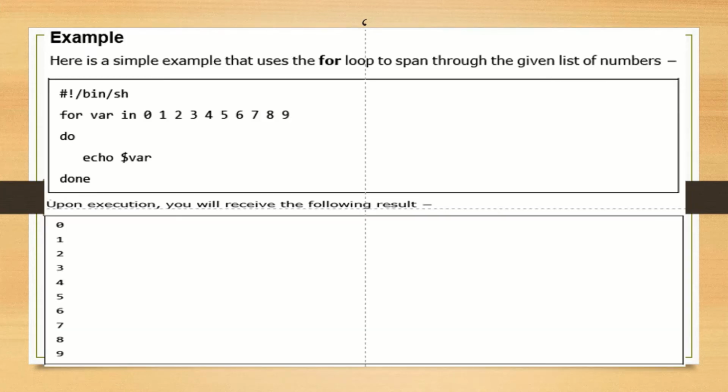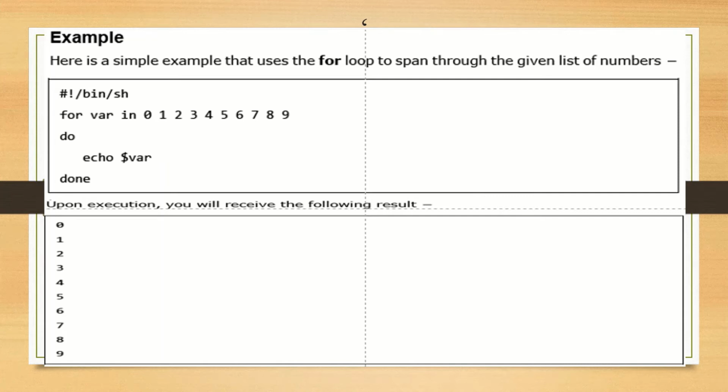Here is an example of a shell script that uses a for loop to span through a list of numbers. Here we want to print the values 0 to 9 using a for loop. For that we set the for loop first with the variable var in 0, 1, 2, 3, 4, 5, 6, 7, 8, 9, different words, and do the statement echo var, printing the given variable.